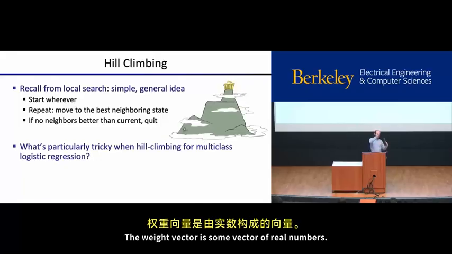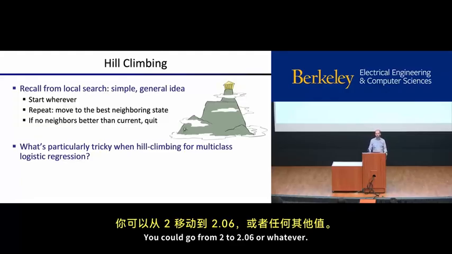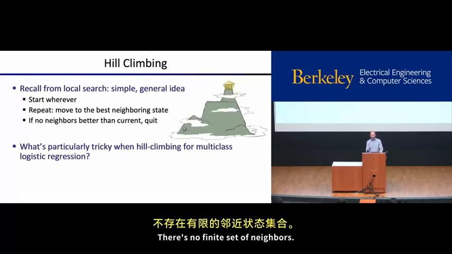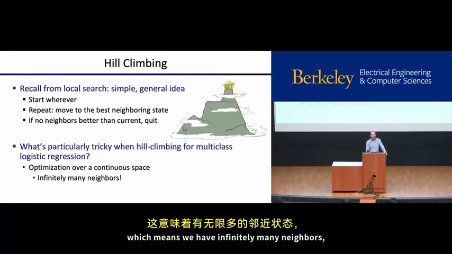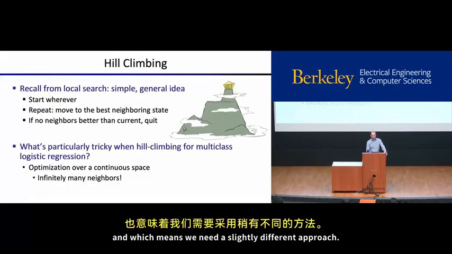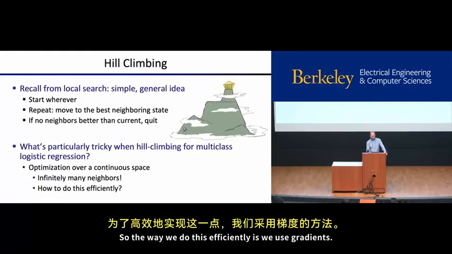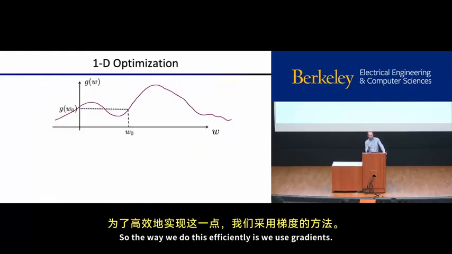The weight vector is some vector of real numbers. You could go from 2 to 2.06 or whatever. There's no finite set of neighbors. So we're doing optimization over a continuous space, which means we have infinitely many neighbors, and which means we need a slightly different approach. So the way we do this efficiently is we use gradients.